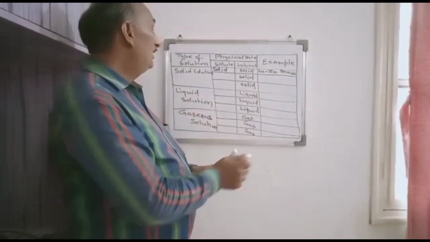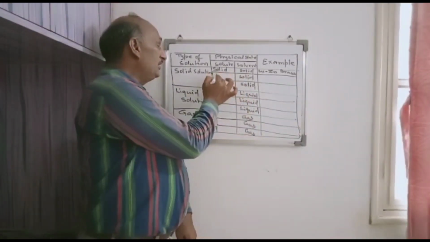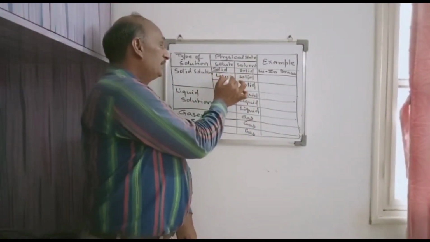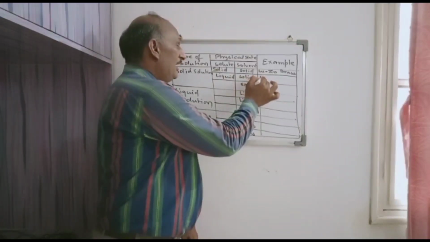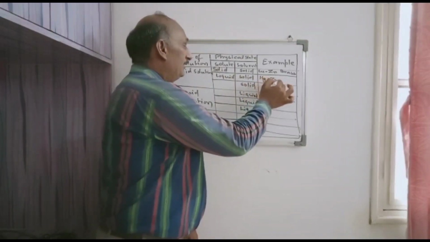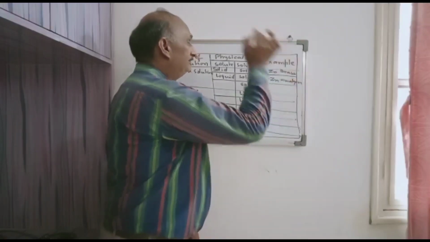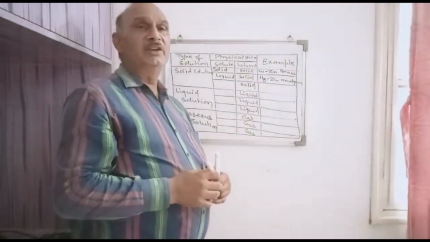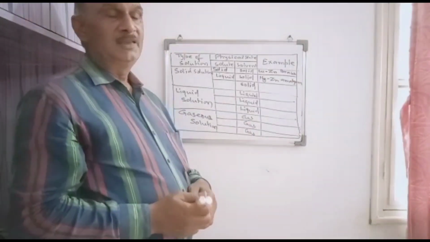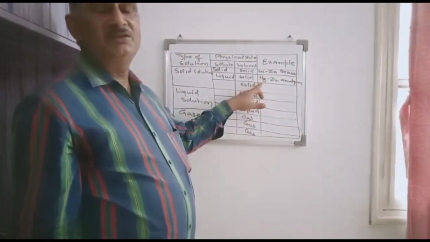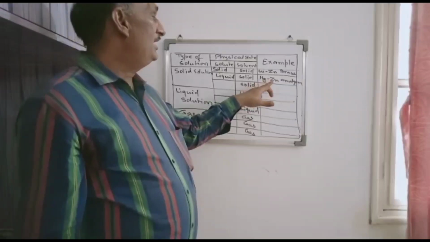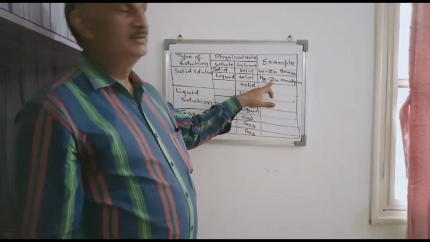Second example: solvent is solid, solute is liquid. Zinc mercury amalgam, Zn-Hg. Here mercury is in liquid state and zinc is in solid state.